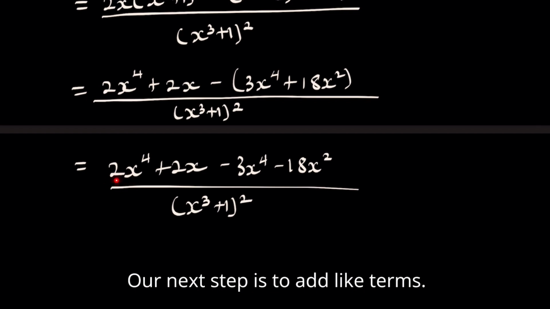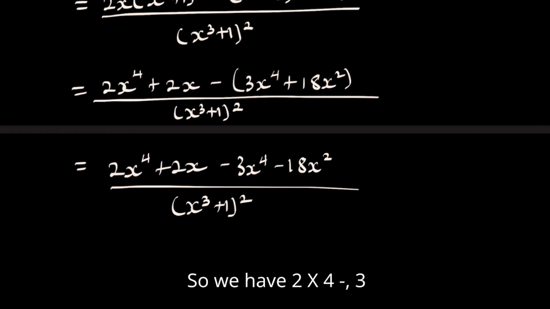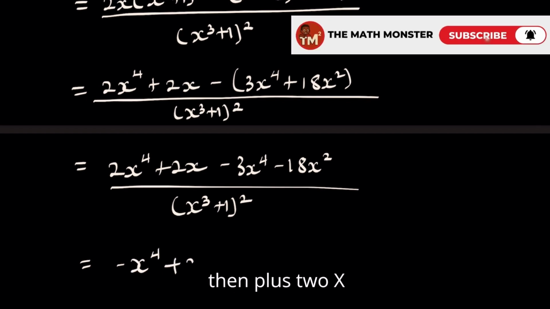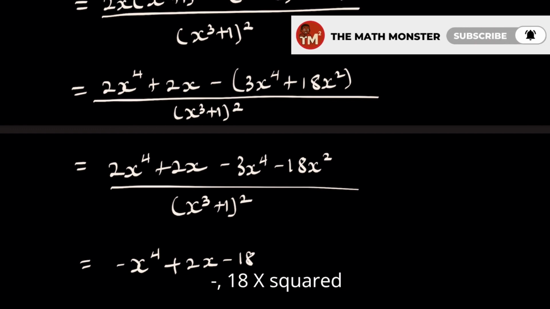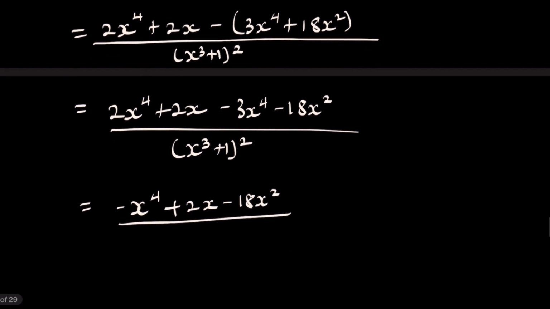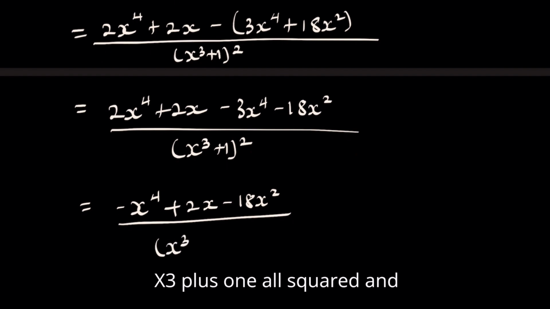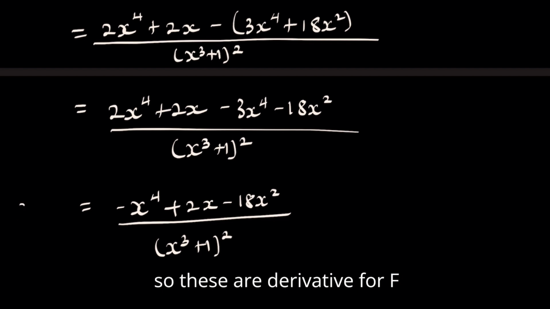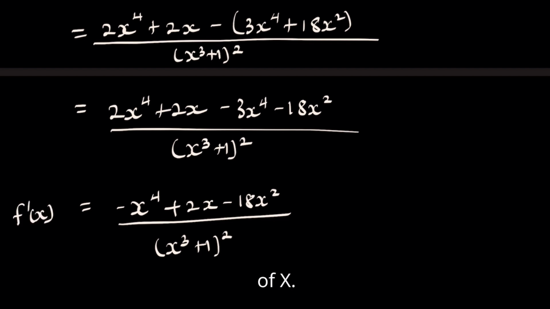So we have 2x^4 minus 3x^4. So that's going to give us minus x^4. Then plus 2x minus 18x squared divided by (x^3 plus 1) all squared. And so this is our derivative for f of x.